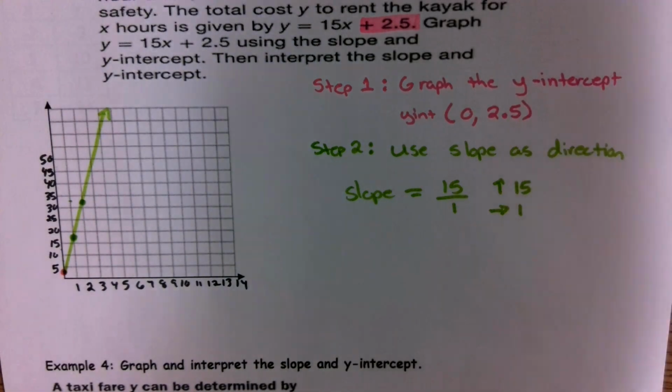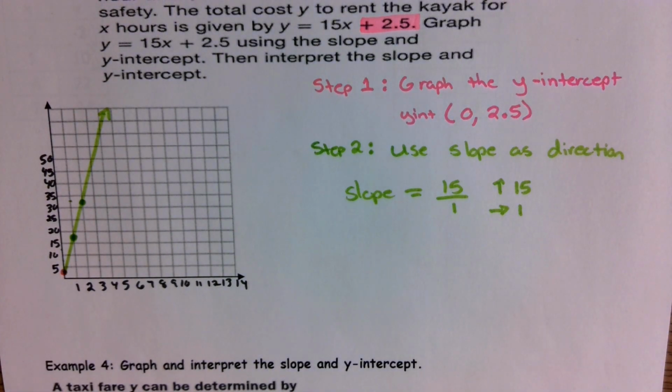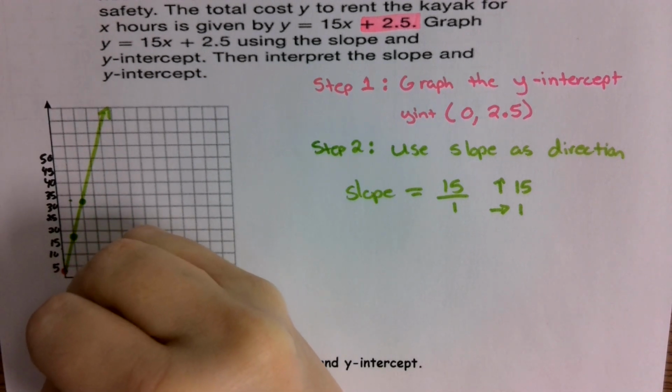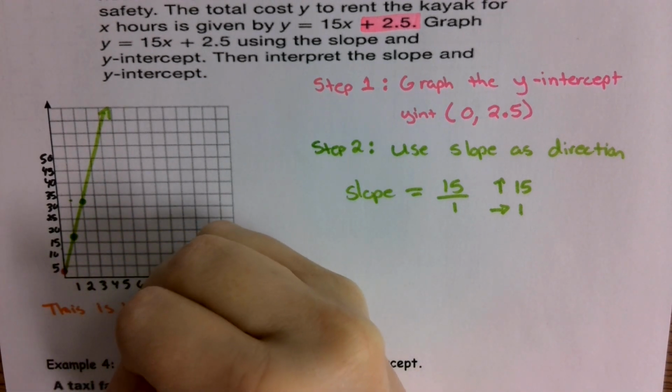Now keep in mind, again, when we're talking about functions, is this a linear or non-linear function? What does linear mean again? Straight, it's a line, right? This is a linear function. I just want to give you guys a reminder.